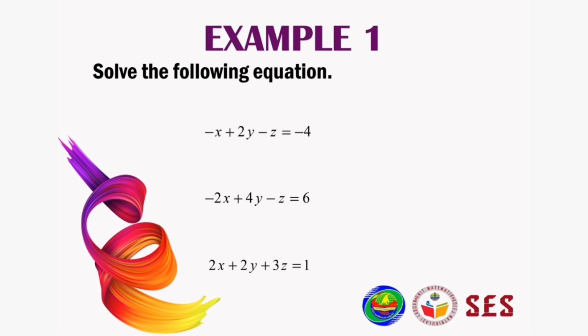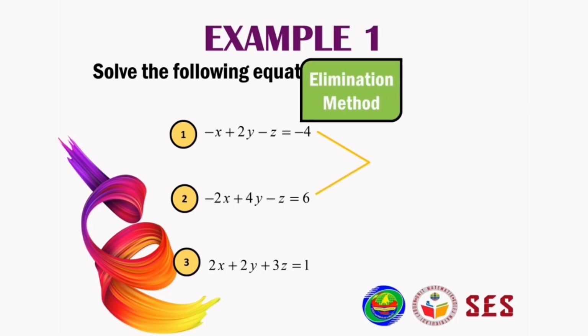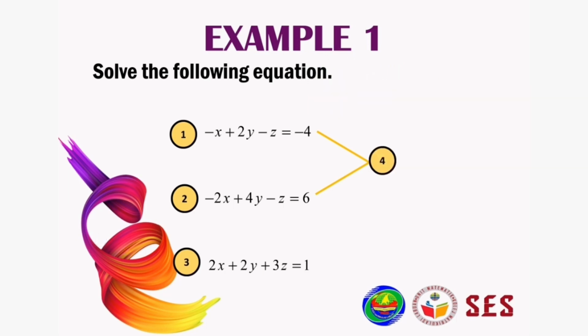So before we solve, let us learn the steps first. First of all, we need to label the equations given as number 1, number 2, and number 3. Then, from equation 1 and equation 2, we will use elimination method to form equation number 4.